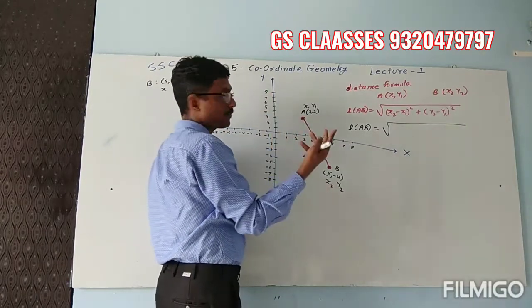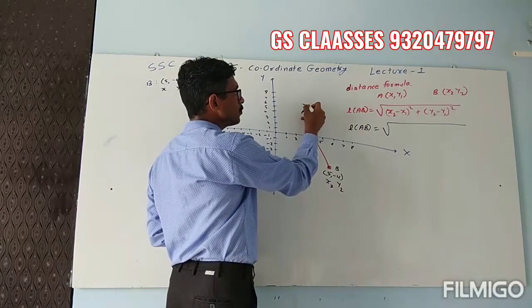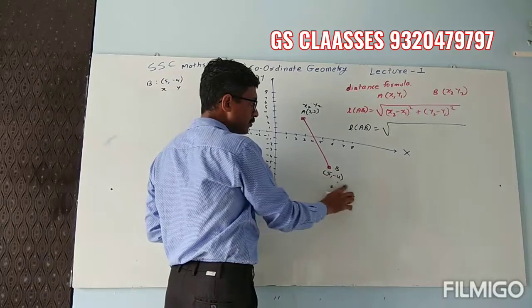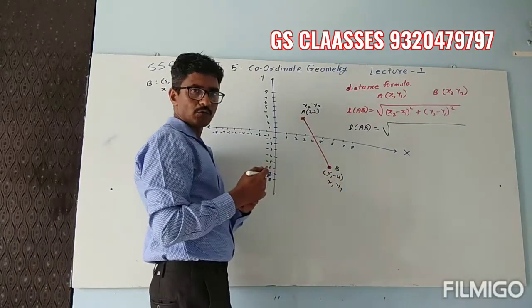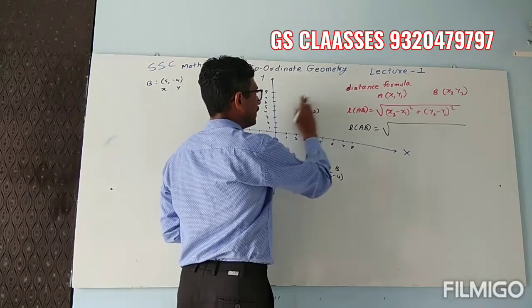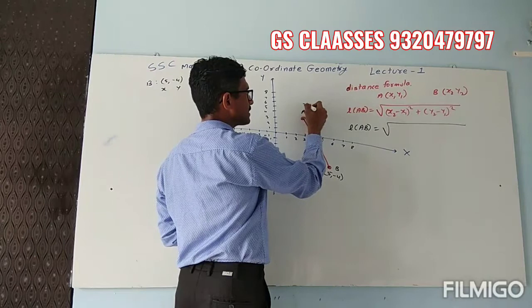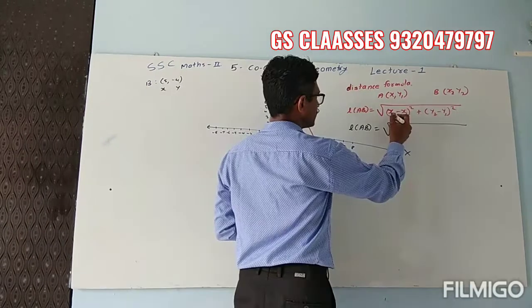If you take this as x2, y2, then you have to take the other as x1, y1. That is allowed. So here in our example, I am taking A as x1, y1 and B as x2, y2.